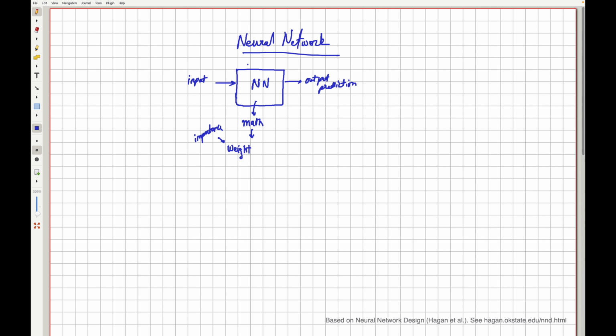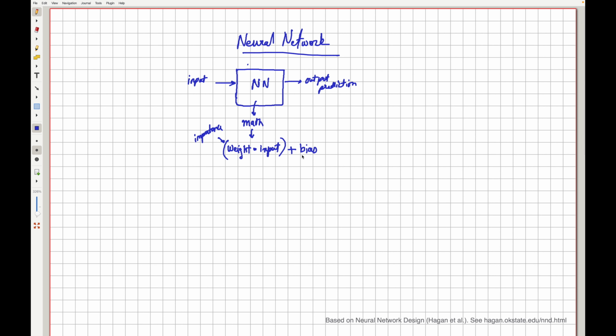So we give some importance to each input, and to make that happen, we multiply the weight or the importance of each input with the input itself. Okay, so this is the first thing we do, and then to this we add something called a threshold, or we call this a bias.